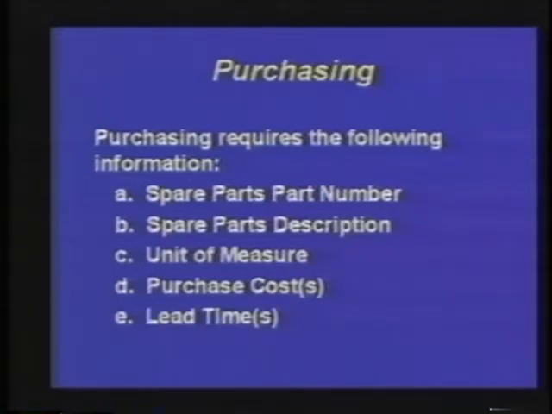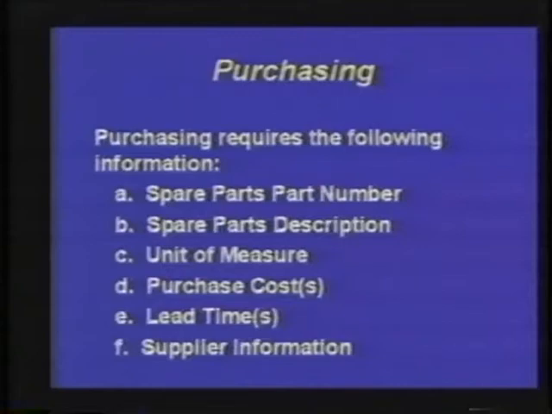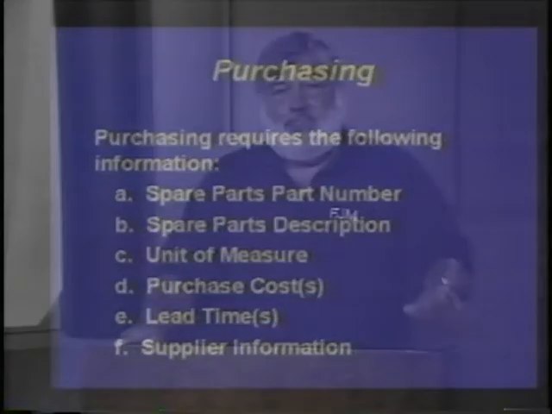We have lead times. And you notice, like purchase cost, lead times is plural, especially if you have more than one supplier and they do not have the same lead time. Now, item F indicates all of the supplier information, and that could be a myriad of different data.